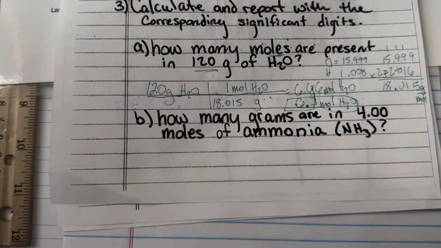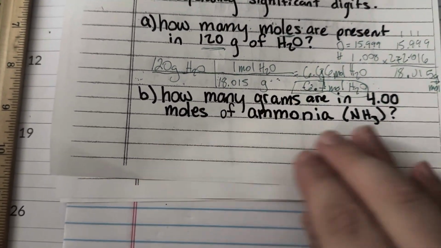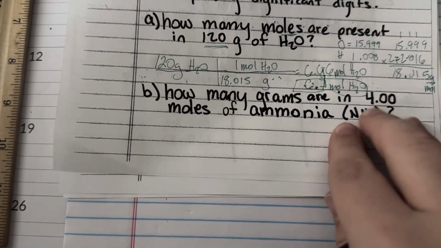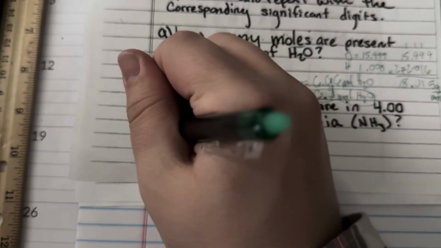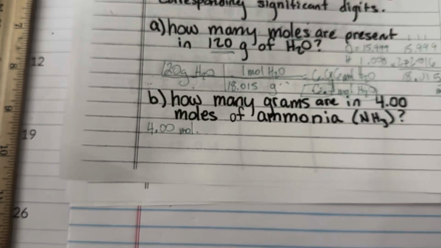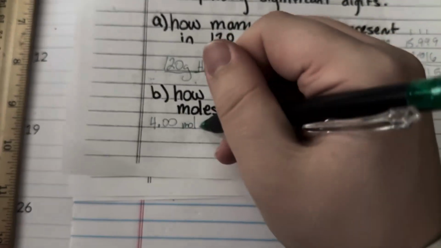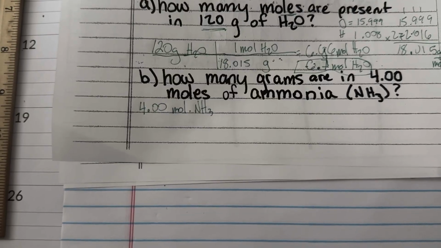All right, let's try this next one. This next one is talking about how many grams are in 4.00 moles. So they told us how much? 4.00 mole of NH3, ammonia.